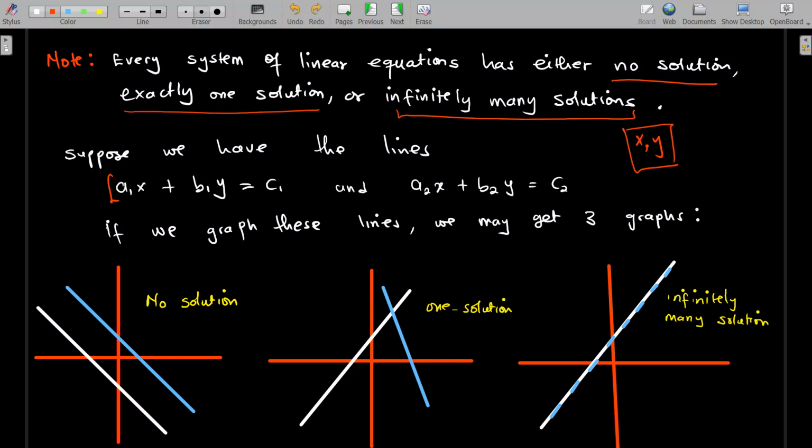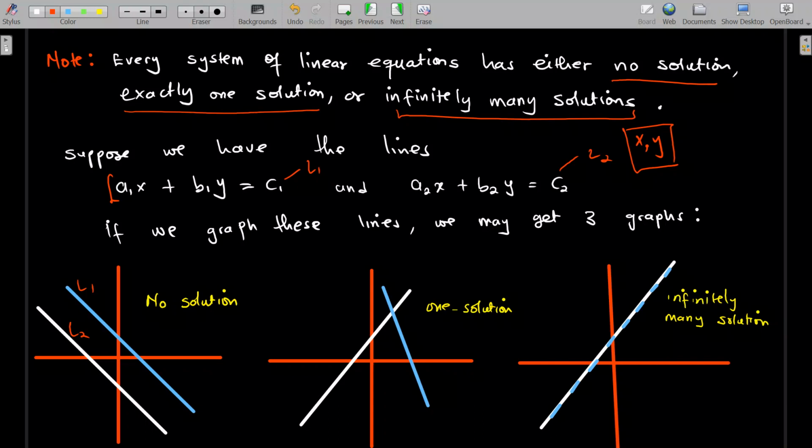If you graph these lines, we have three possibilities. Maybe I call this line 1 and this line 2. It can happen that they are parallel to each other, and if two lines are parallel, they don't meet.